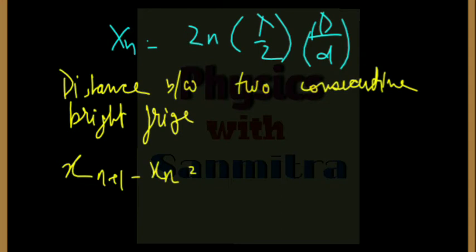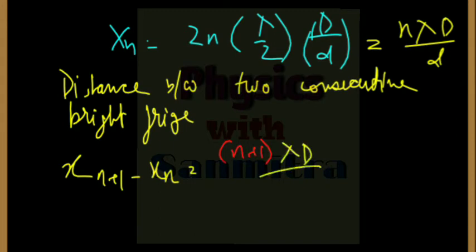What will it be? Let me show you, say, n lambda D by d for simplicity. I can write it here as n plus 1 lambda D by d minus n lambda D by d.